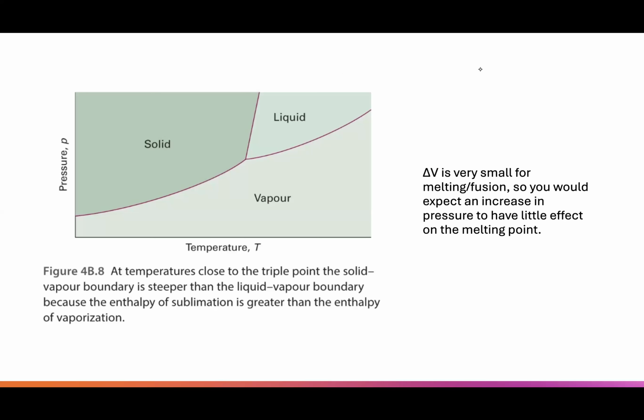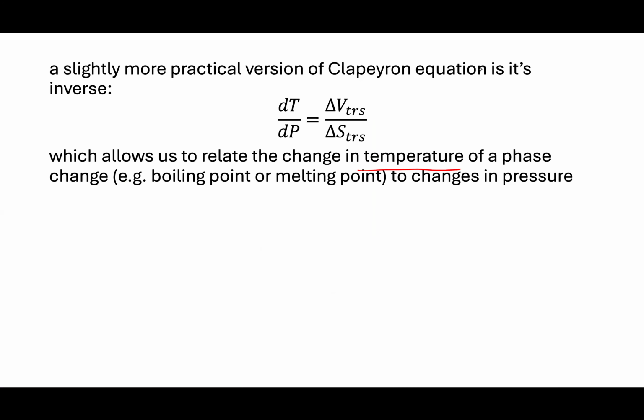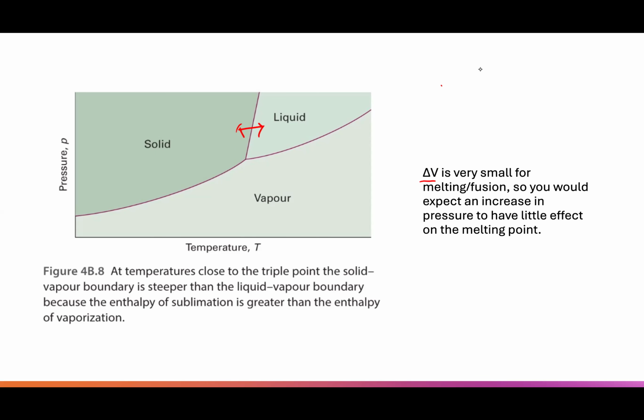All right. So for melting and fusion, which is going from solid to liquid, our delta V is going to be very, very small. Let's go back and look. So this is dT over dP equals delta V over delta S, basically.